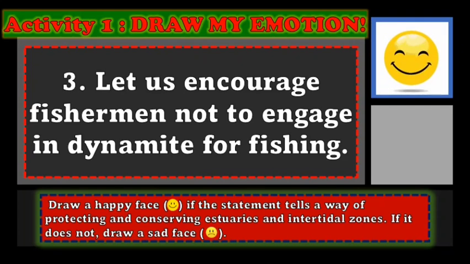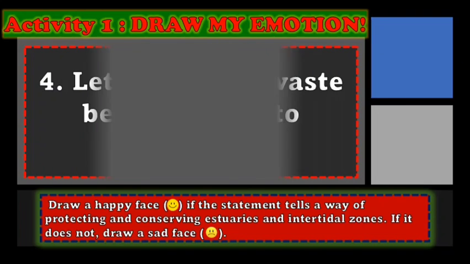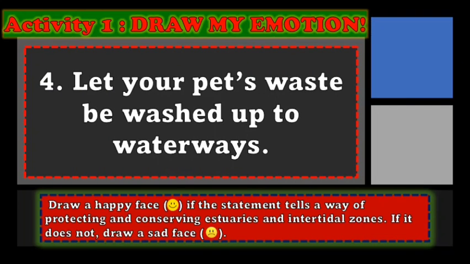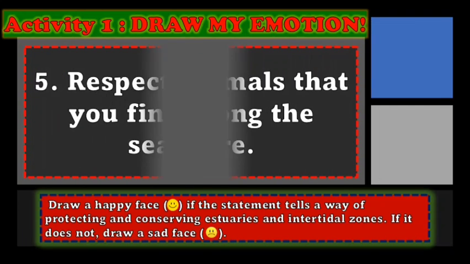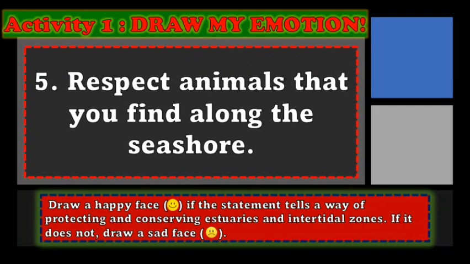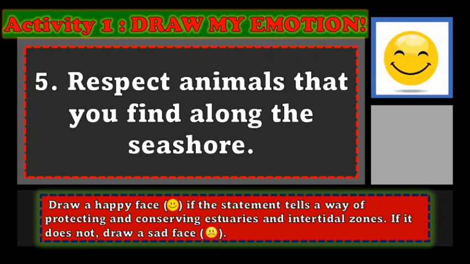Is that happy or sad? Number 4, let your pets' waste be washed up to waterways. Is that happy or sad? Next, number 5, respect animals that you find along the seashore. Is that happy or sad?